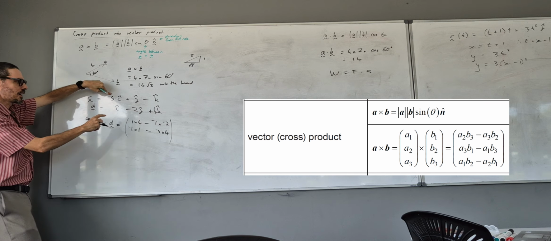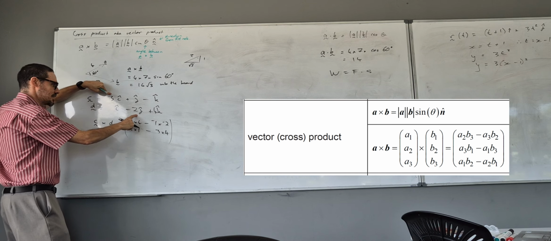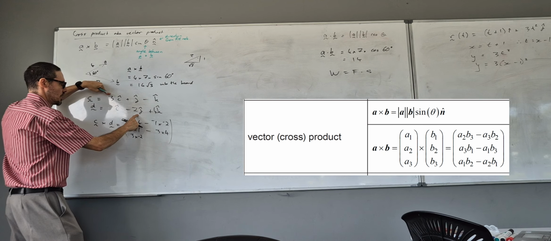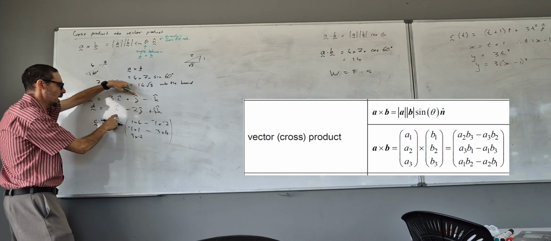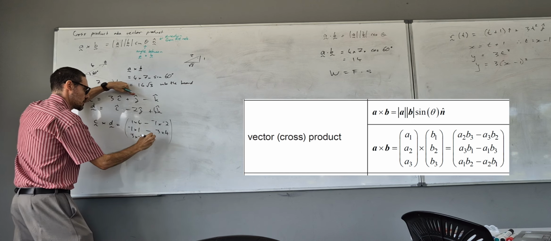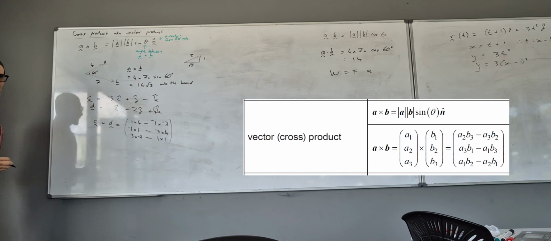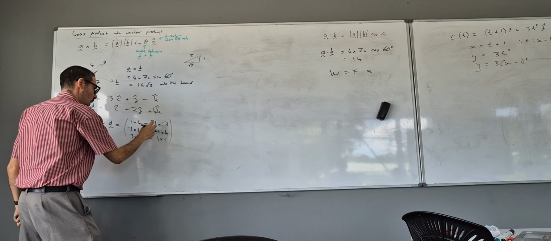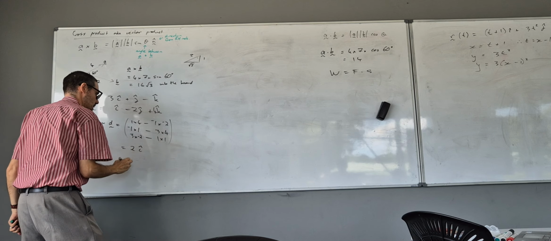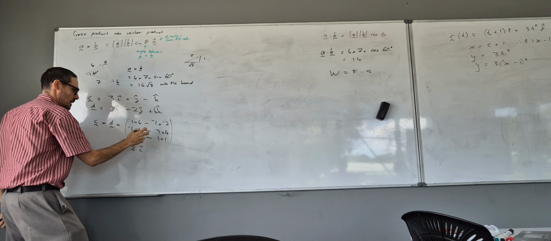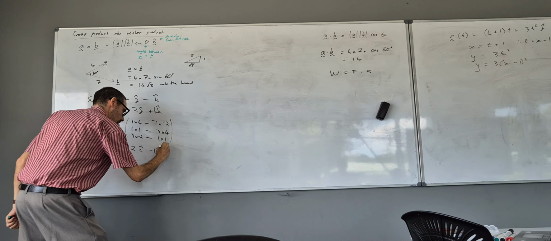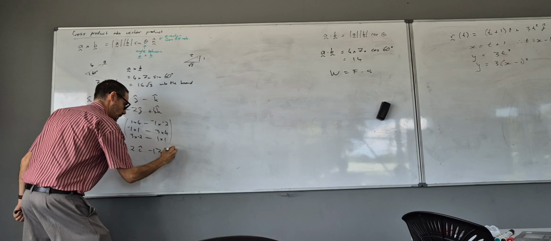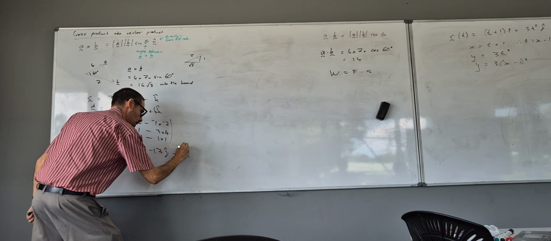Last one, A1, B2. See how we're using all the options. A1, B2: 3 times -2, minus A2, B1: 1 times 1. So I've got 4 minus 2, 2i hat. -1 take 12, -13j hat. -6 take 1, -7k hat.